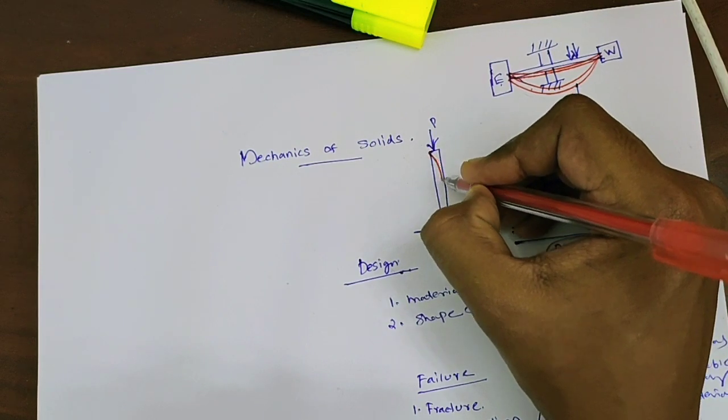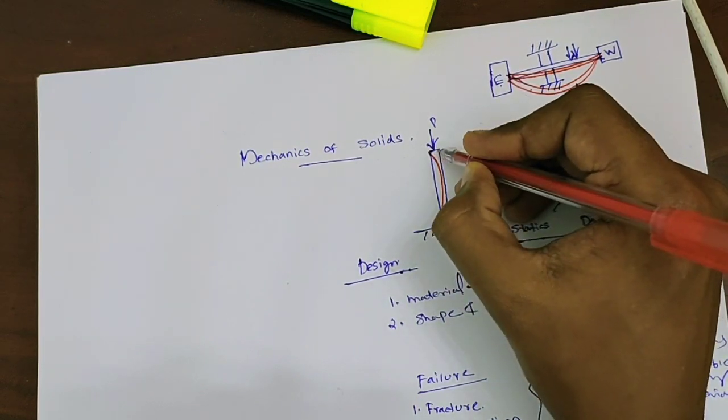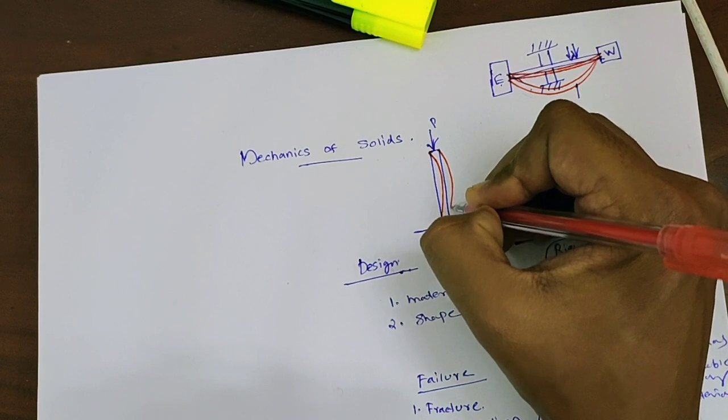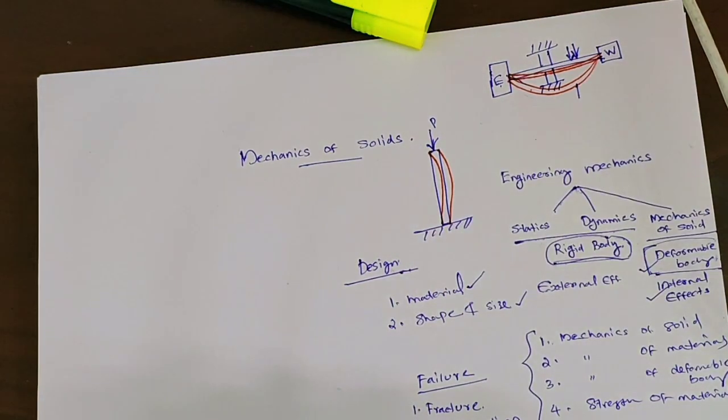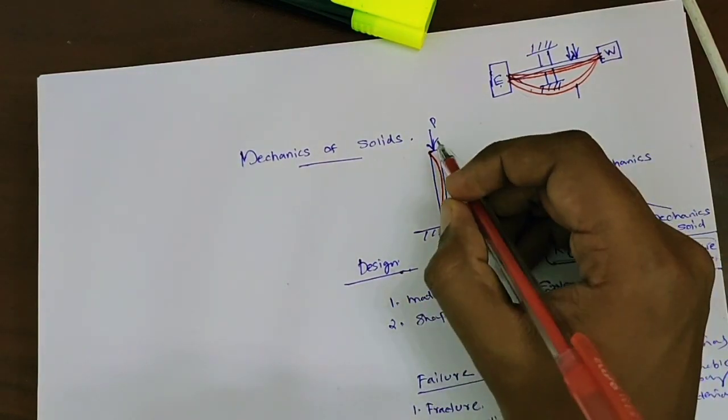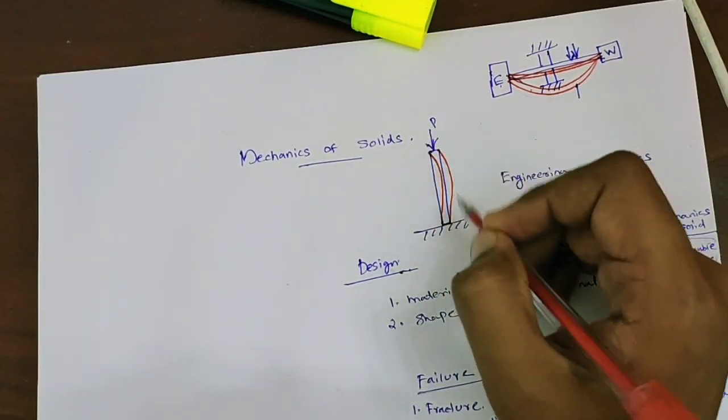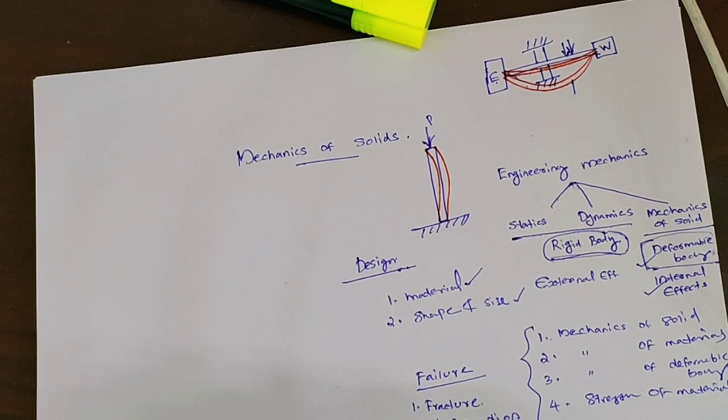This is the buckling of the column, a small deflection. But during this time it can still transfer load P from the roof to the ground, so it can do its intended function without any fracture or failure.